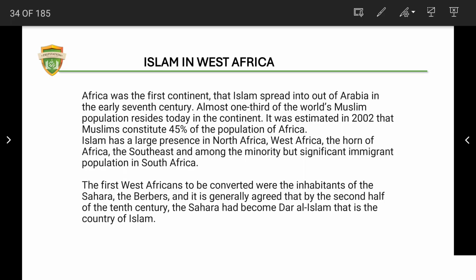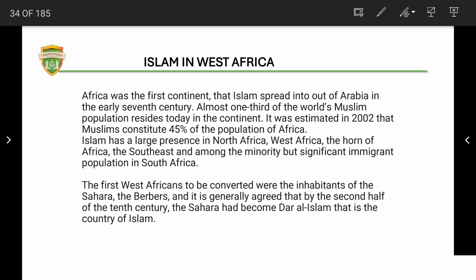It was estimated in 2002 that Muslims constitute 45% of the population of Africa. Islam has a large presence in North Africa, West Africa, the Horn of Africa, the Southeast, and among the minority but significant immigrant population in South Africa.